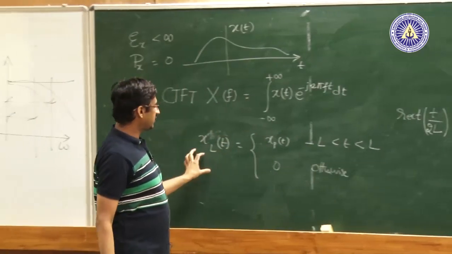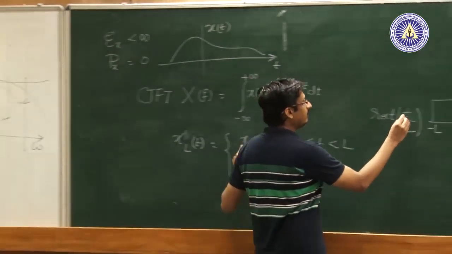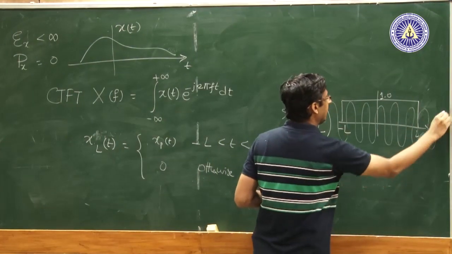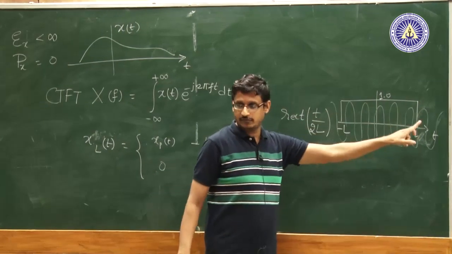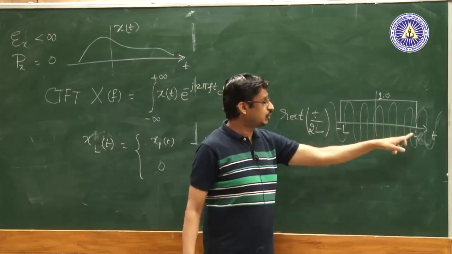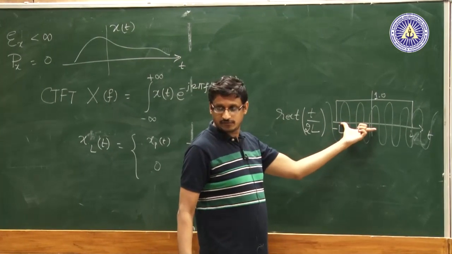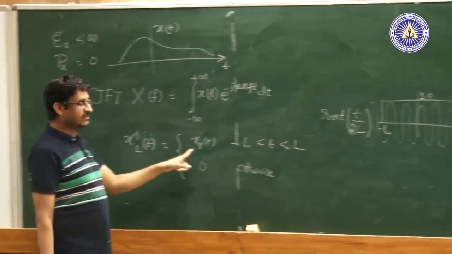This truncation is the same as taking the original signal xp of t and multiplying. For example, you can think of a periodic signal, and then you take this xp of t and multiply it with this rectangular pulse of duration 2L seconds. Then this signal can be thought of as the product of the rectangular pulse and xp of t.